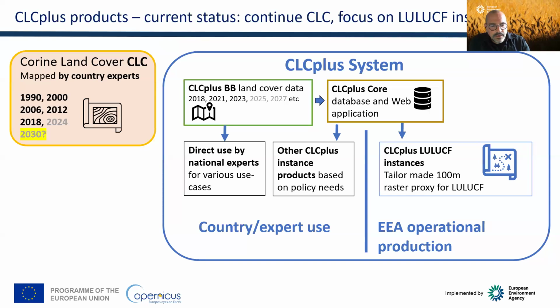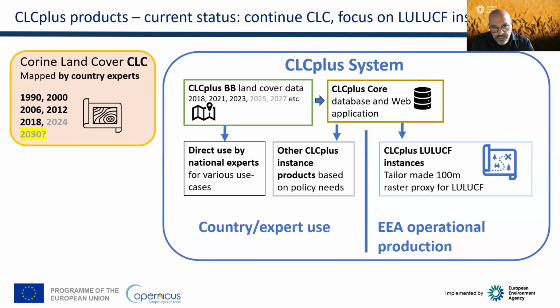Green land cover here on the left, just to be complete, is continued, but the CLCplus system is where we are actually producing the LULUCF instance. Backbone and other data goes into CLCplus Core, the database and online system, and we are then combining that existing data in these LULUCF instances.